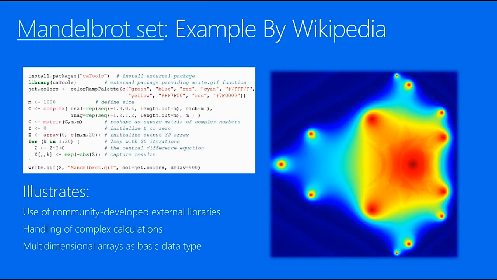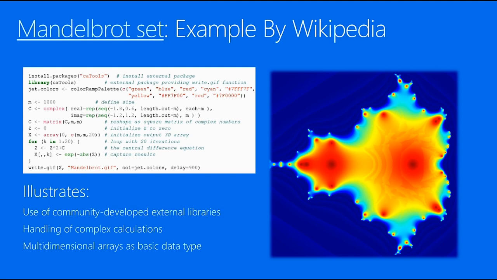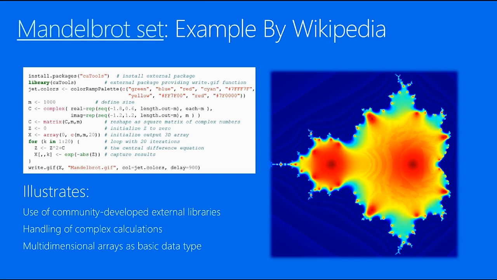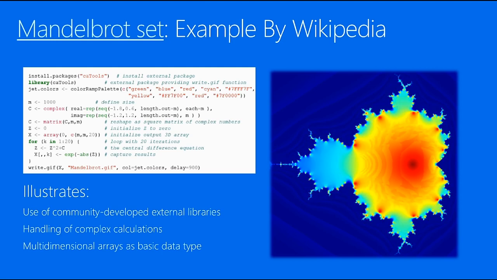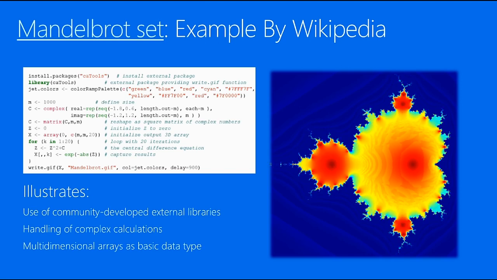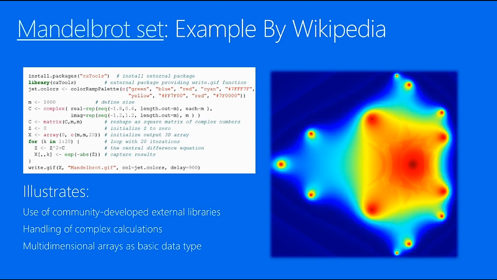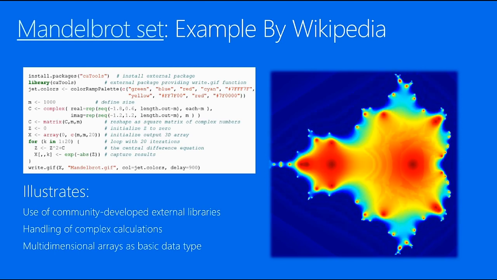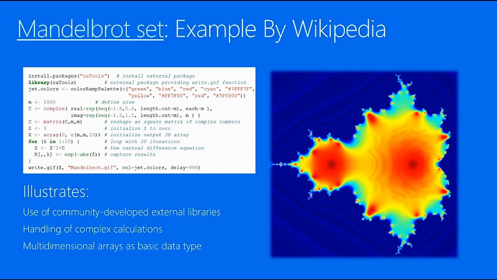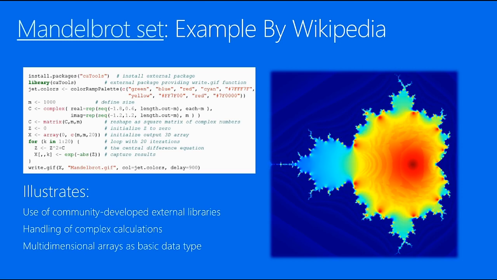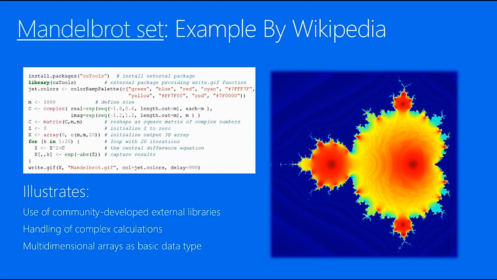And this example is actually used by Wikipedia to illustrate the power of R. The reason is that in these few lines of code on this screen, you have the ability to take raw data, which is complex in a vector form, apply a package that is already readily available for you, a scientific package, use complex imaginary numbers in that formula, also available in R by the community, and in a few lines of code, be able to visualize these beautiful shapes representing the Mandelbrot set.